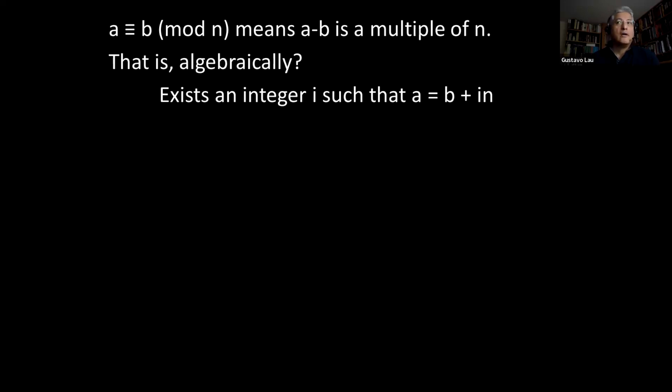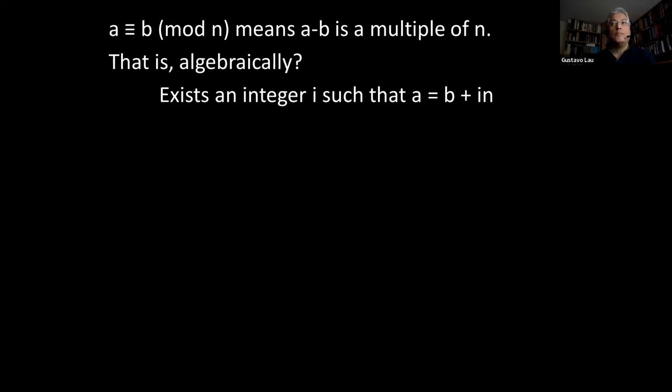Well, maybe here I'm skipping a step. Given what I said before, it would be A minus B equal I times N, but I'm just passing the B to the other side of the equality. So do you agree? Yeah. Do you see it?